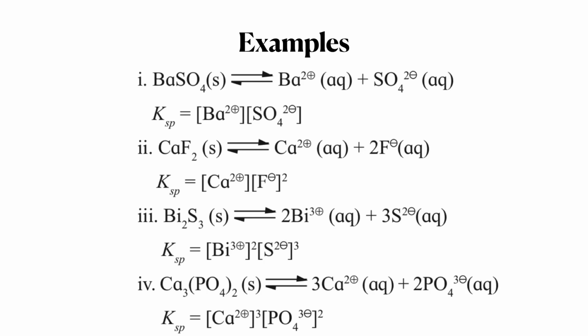One more example, calcium phosphate. Understand, PO4 it is 3 minus, Ca it is 2 plus. So I can dissociate it into 3 molecules of Ca2 plus and 2 molecules of PO4 3 minus. So the Ksp value will be equal to concentration of Ca2 plus raised to 3 into concentration of PO4 3 minus raised to 2.